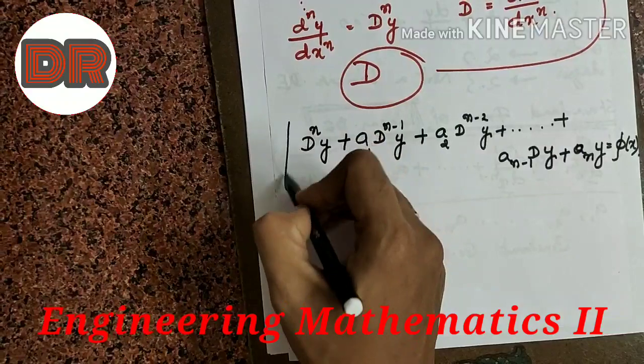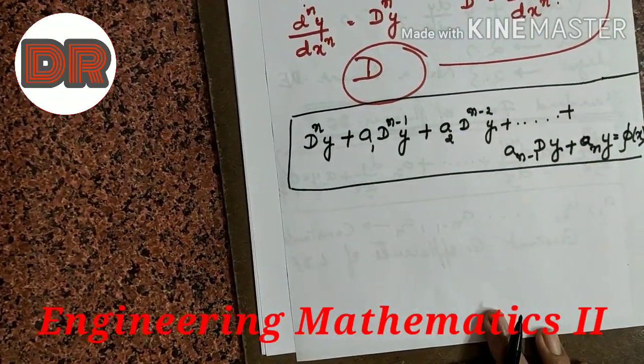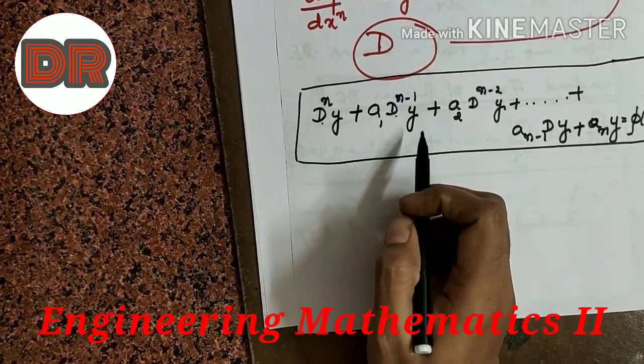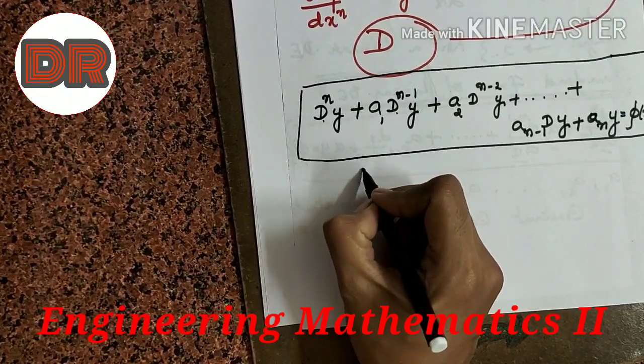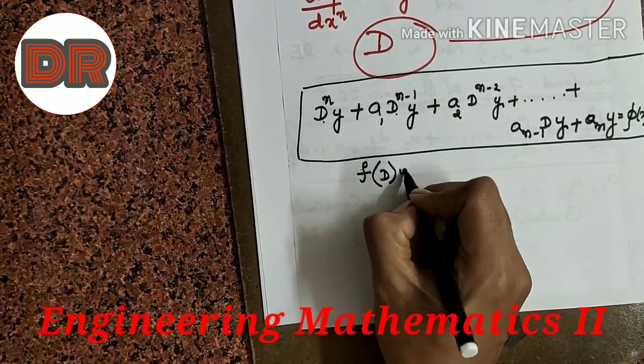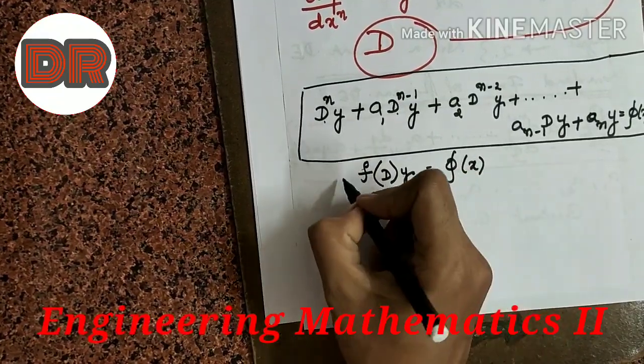This is the standard differential equation in terms of differential operators. It can also be written simply as f of D y is equal to phi of x. This is the notation.